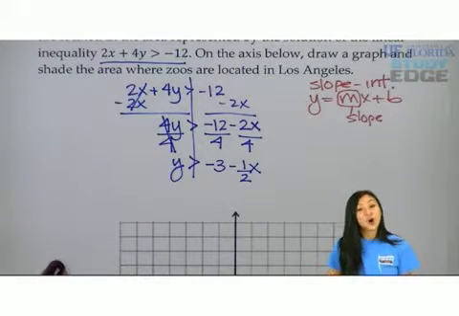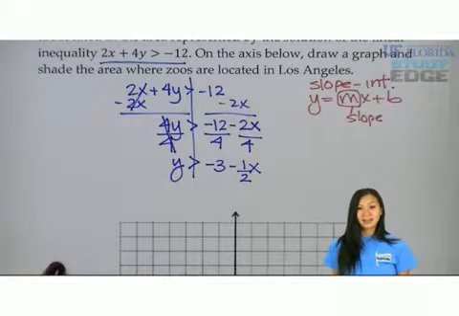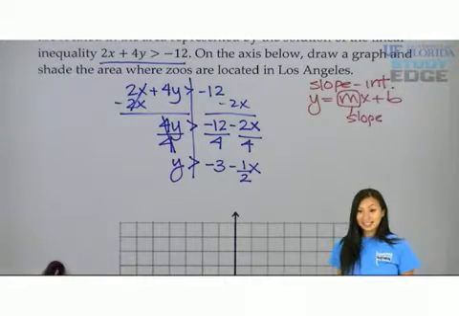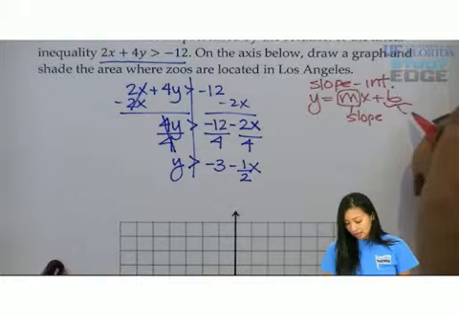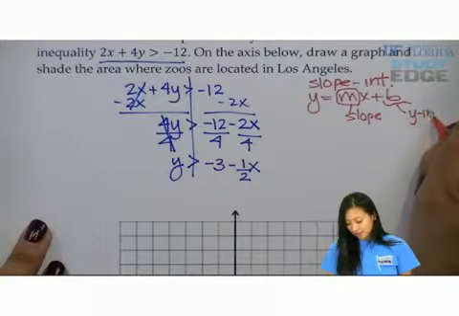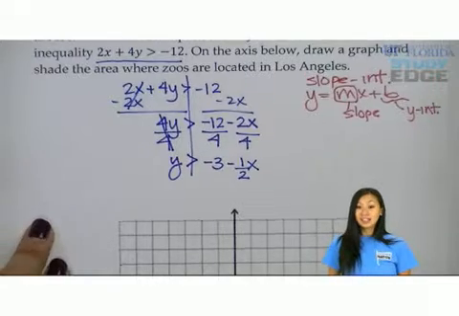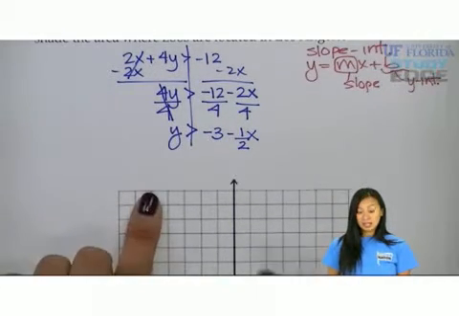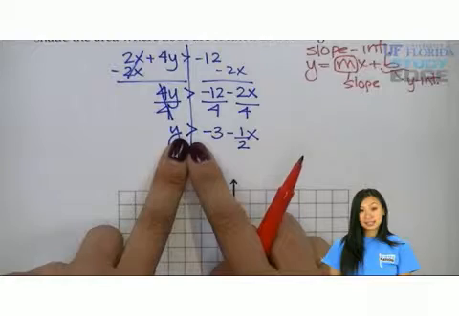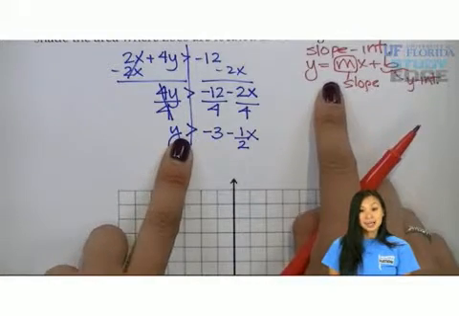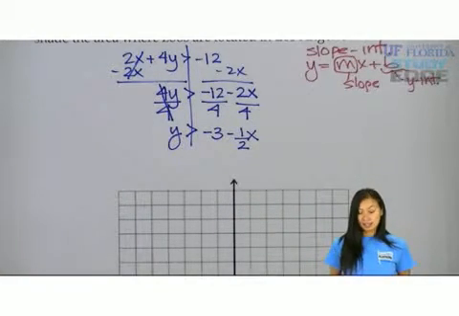It's always the coefficient of x, the number next to the x. The y-intercept, b, is always by itself. It's the constant, the number that's all by itself. The only difference is that this is a greater than sign, and that's an equal sign. That's okay, it means the same thing.